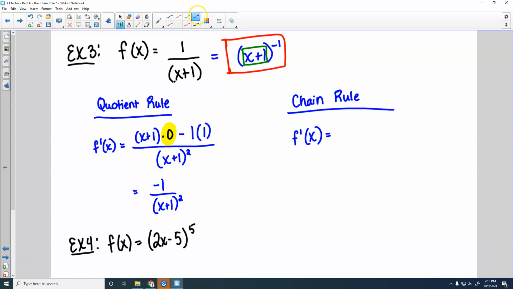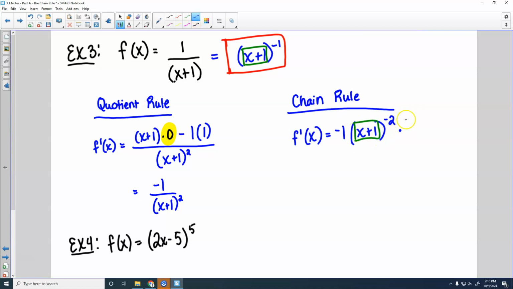So if I'm taking the derivative of something to the negative 1 power, I multiply out front by negative 1. I keep what's on the inside the same. I subtract 1 from my exponent to get negative 2 right there. And then I still have the inside. I have not taken the derivative of that yet.